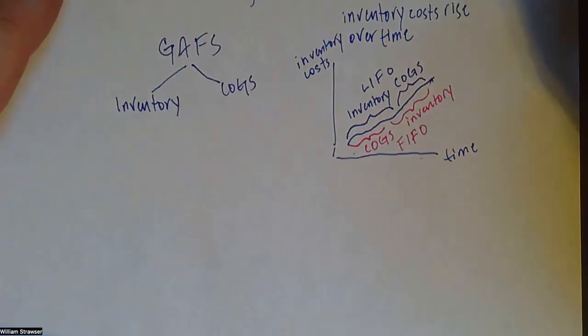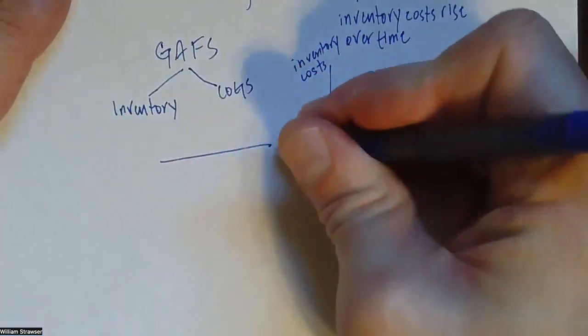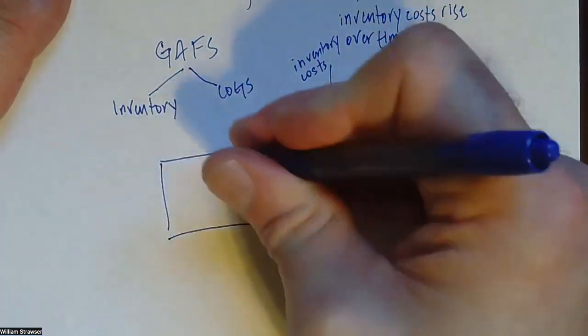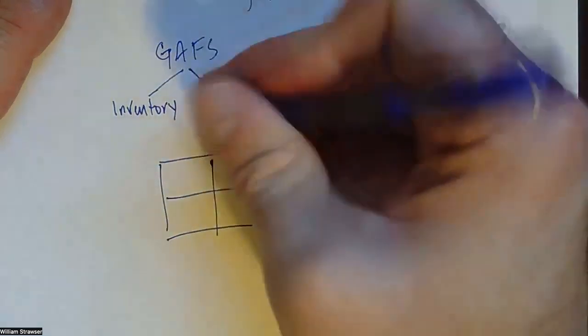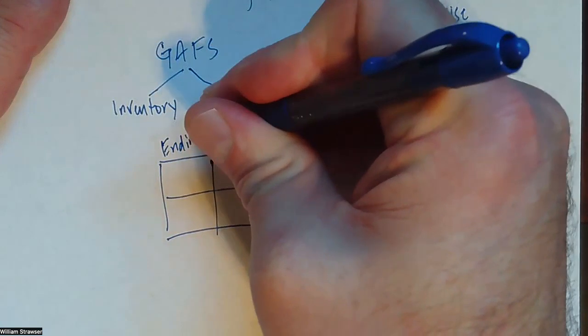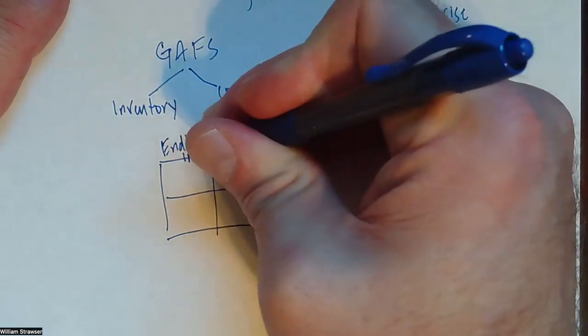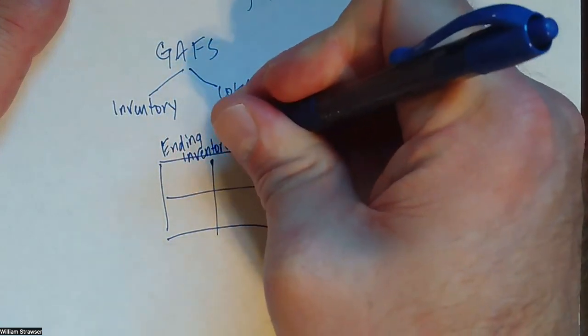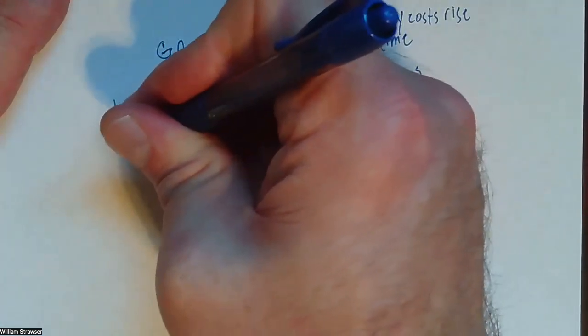And so if we put this out into a more tabular format, remember, it helps us to recall that when I'm talking inventory, I'm talking about my ending inventory, which really is my inventory account balance.